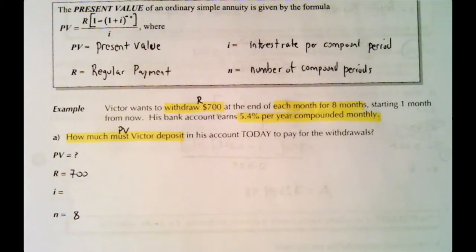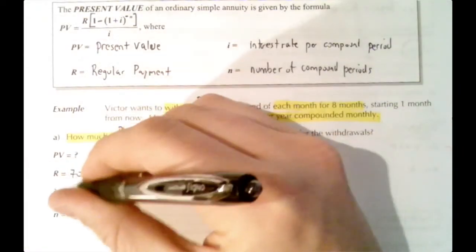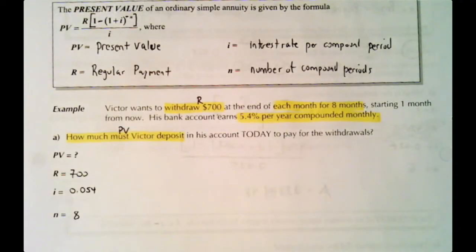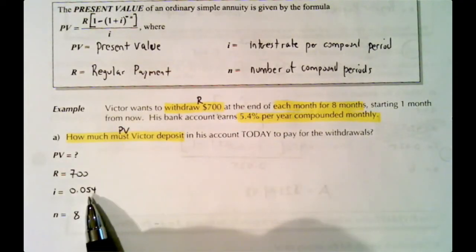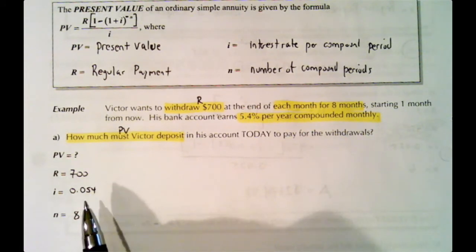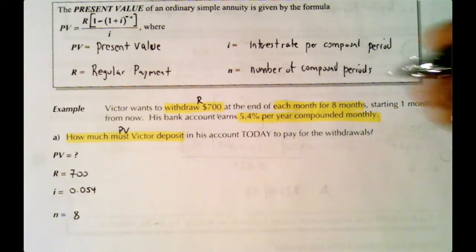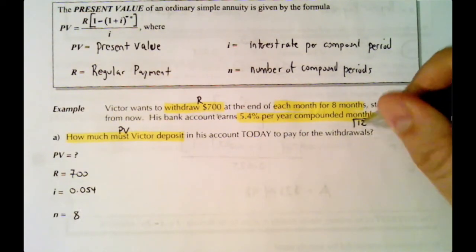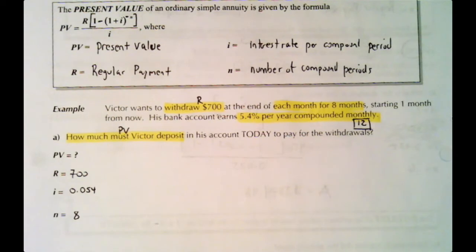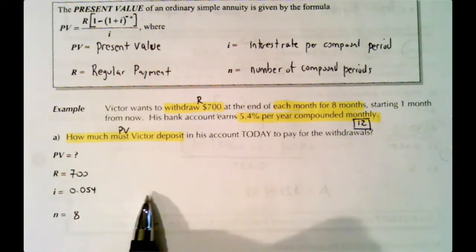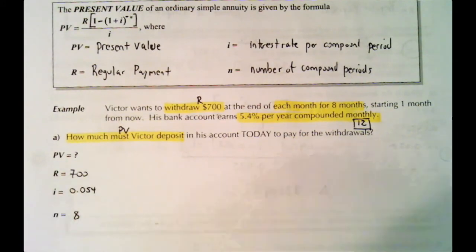I is the interest rate per compounding period. And here's the tricky one. The interest rate is 5.4%. So that's 0.054. But that's not I, because we don't get 5.4% every month. We get 5.4% every year. We're compounding monthly, which is 12 times per year. So we're not getting that whole interest rate every month. We're getting that interest rate split up into 12 parts, and we're getting part of it every month.